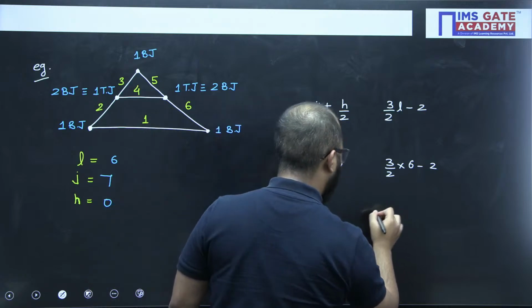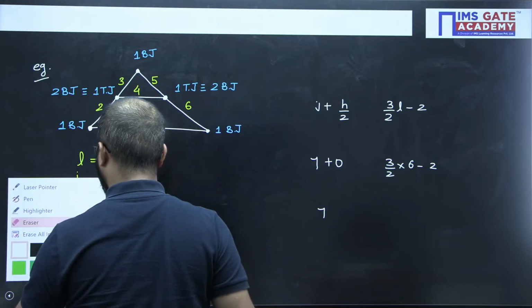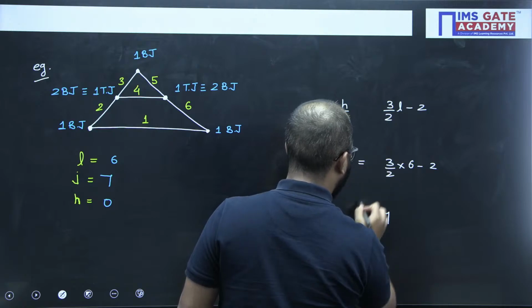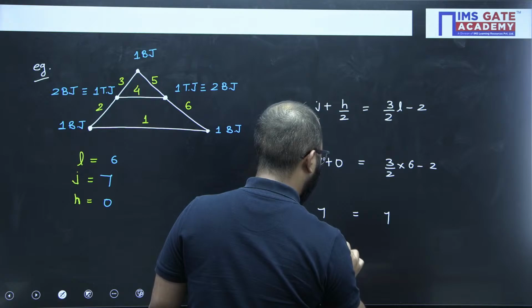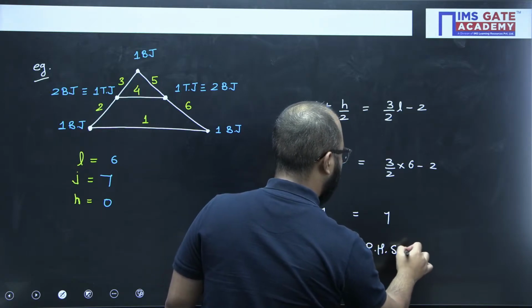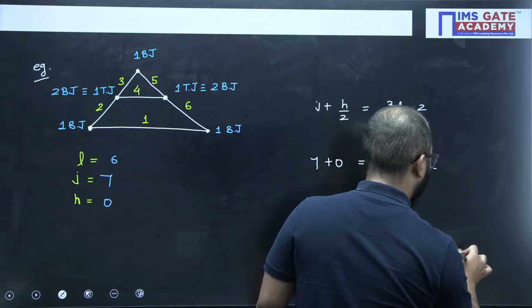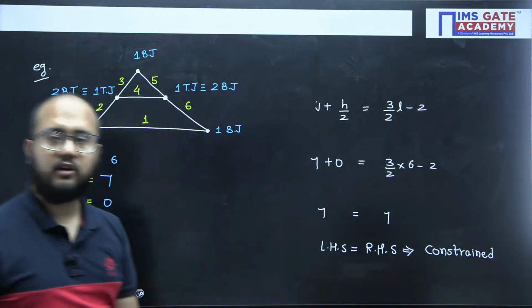So on both sides we are getting 7. So here LHS equals RHS. When LHS equals RHS, it is considered as a constrained kinematic chain. It is considered as constrained.